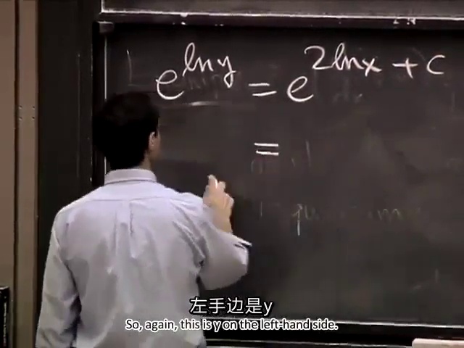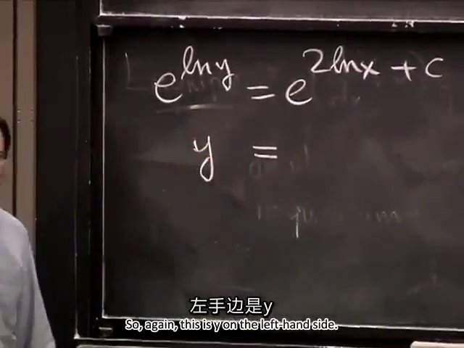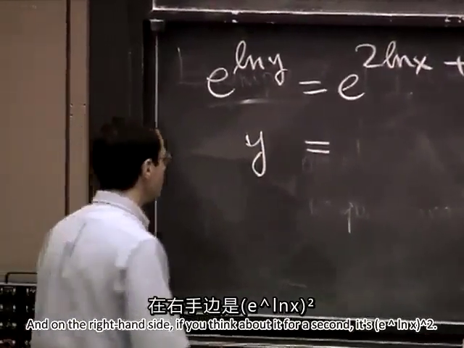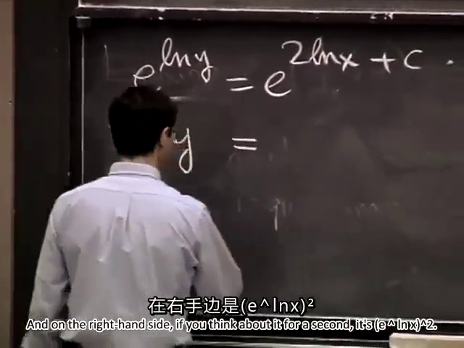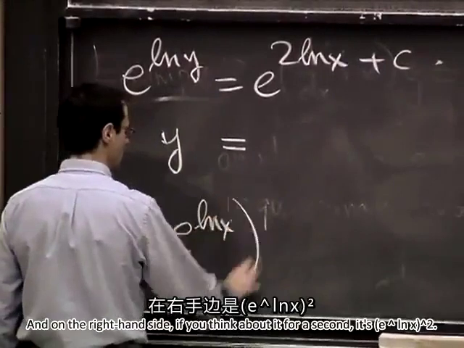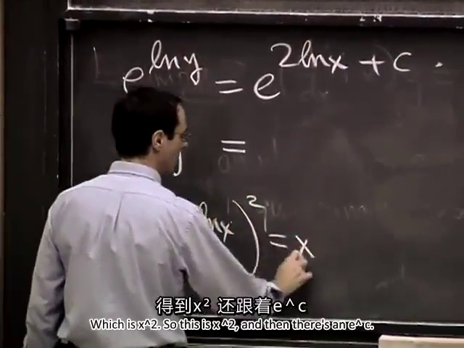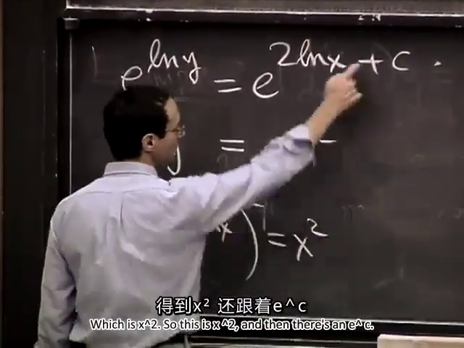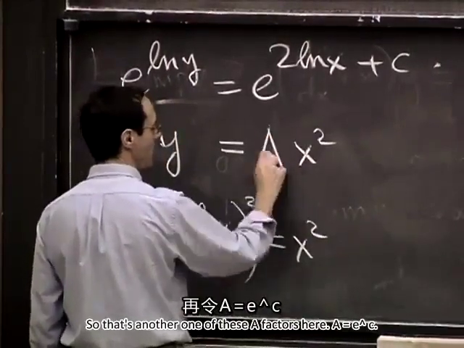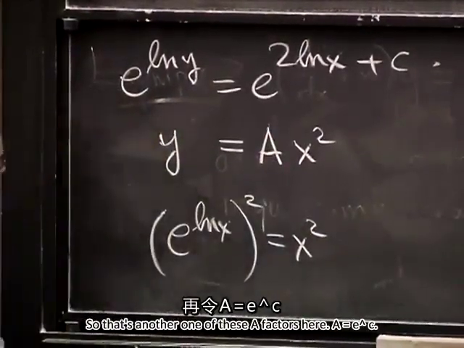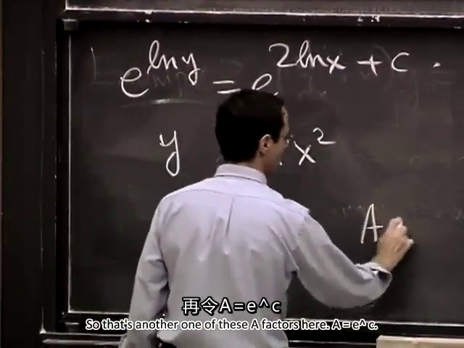So this is y on the left-hand side. And on the right-hand side, it's e to the log x squared, which is x squared, and then there's an e to the c. So that's another one of these A factors here. A is equal to e to the c.